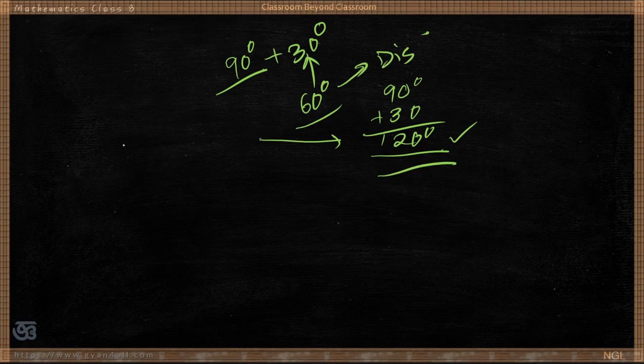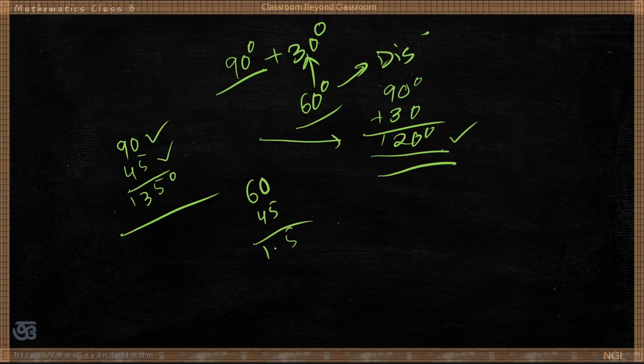And suppose you have to draw an angle of 90 degree plus 45 degree, that also you can do. These are the combinations of 45 degree and 90 degree. Suppose you have to draw an angle of 60 plus 45 degree, that is equal to 105 degree. So all these angles we can construct with the help of a ruler and compass.